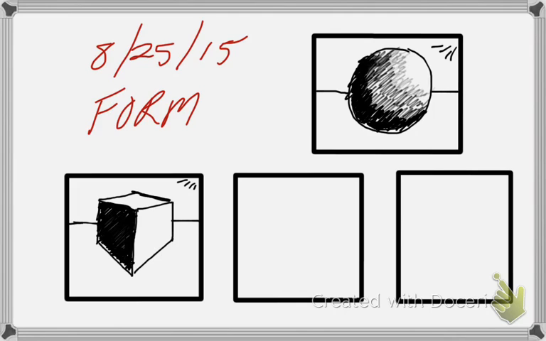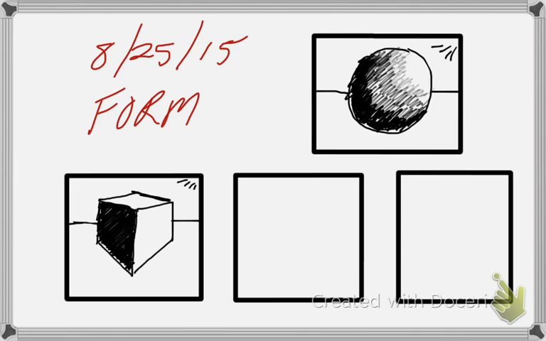Oh, you know what we didn't do in the sphere is we didn't make a shadow. That's a mistake. But we'll go back to the sphere after. And then I'm going to let up on my pressure a little bit, and I'm going to get a gray.